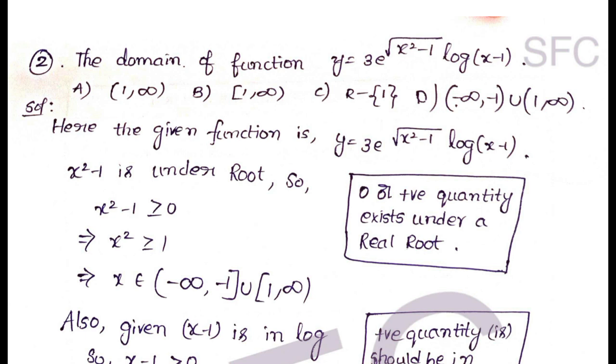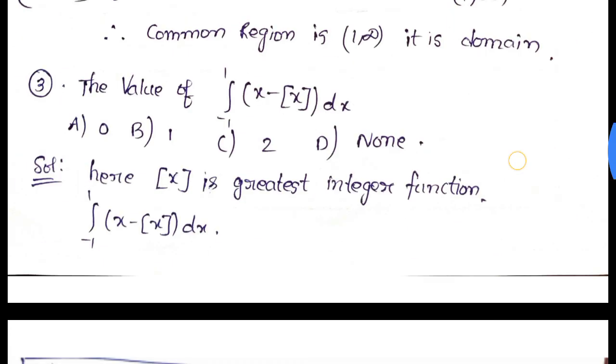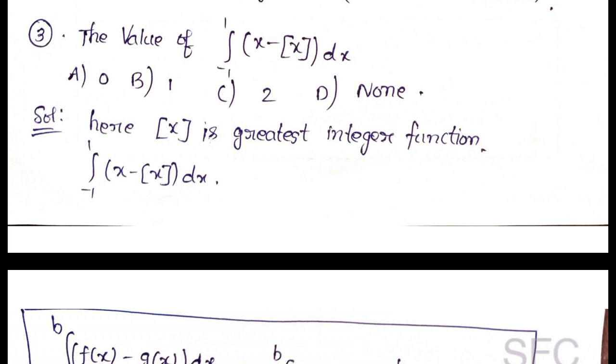Okay, understood? Now, let's get started and move to the third question, which is from definite integrals. Please see the question. The question asks: the integral from minus 1 to 1 of x minus step x, where step x is the greatest integer function.